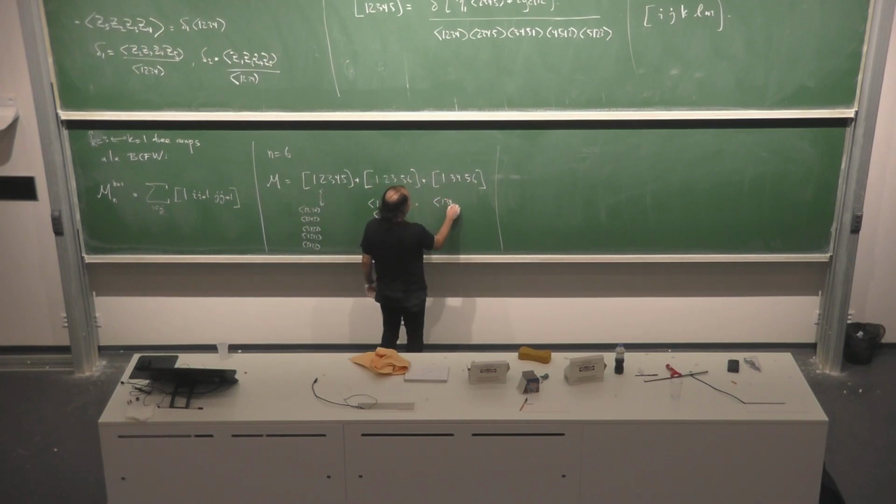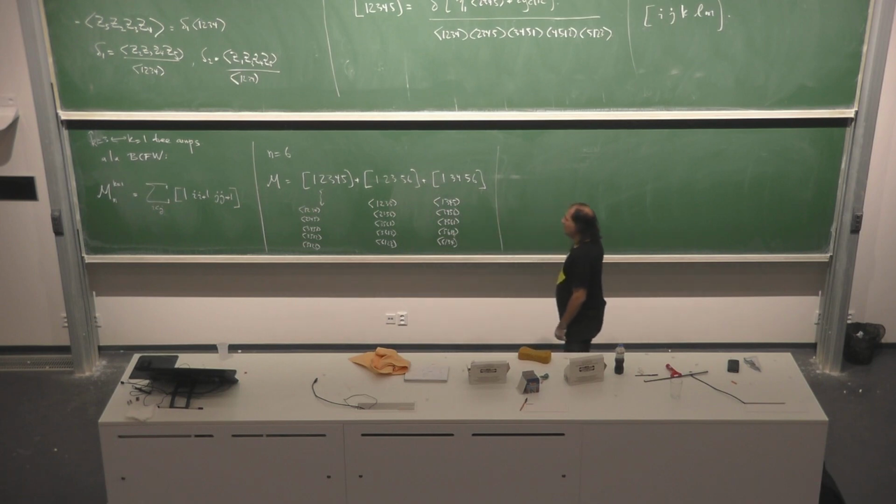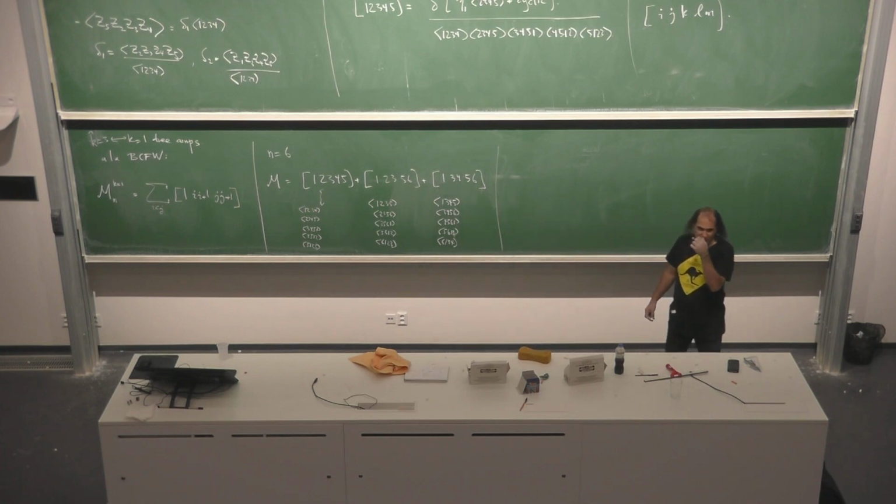And for this one, 1 3 4 5, 3 4 5 6, 4 5 6 1, 5 6 1 3, 6 1 3 4. Right, so each term has those 5 sets of poles.